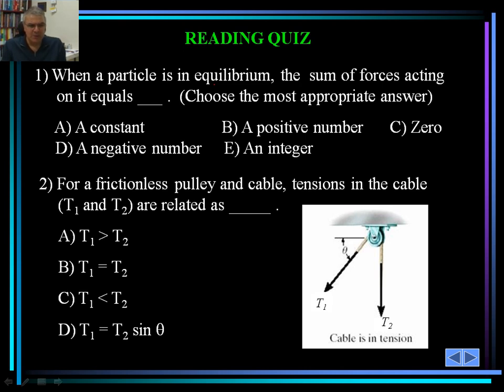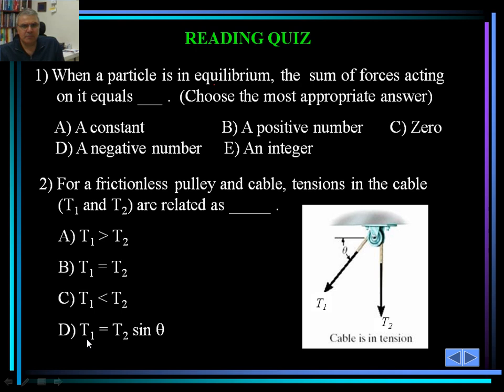That's the magnitude of T1 and T2. Keep that in mind: although there's an angle theta involved, these forces must be equal, otherwise the system is not going to be in equilibrium.